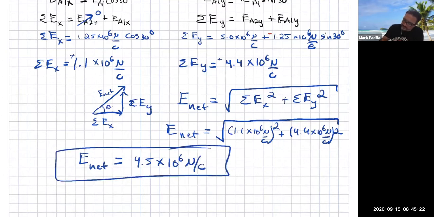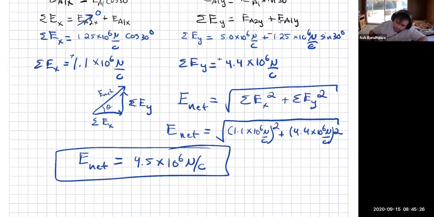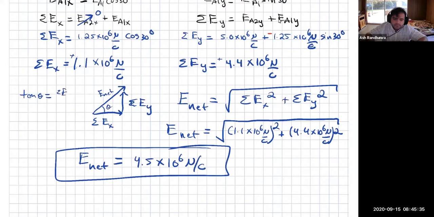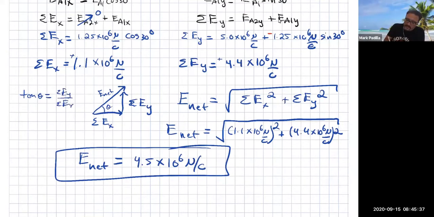And the direction. Let's find out. So we'll say tan theta is equal to what? EY over EX. Theta is equal to inverse tangent. EY is basically 4.4 over 1.1, right?